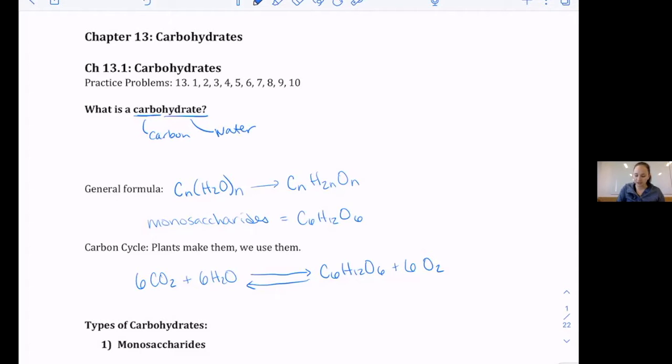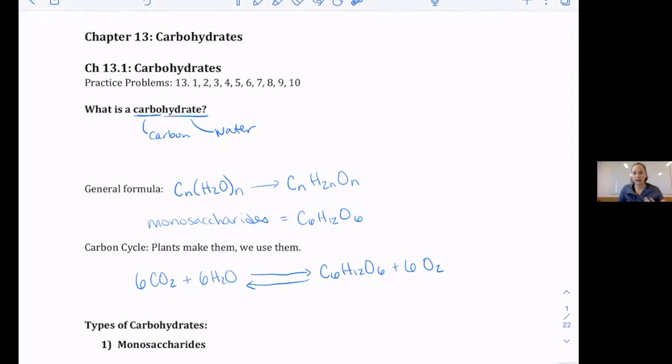So these have the general formula of CnH2nOn. Overall, there's one carbon atom for each water molecule in it, and the n just stands for a number, an integer. You could also expand this out so that it shows that you have one carbon for every two hydrogens for every one oxygen.